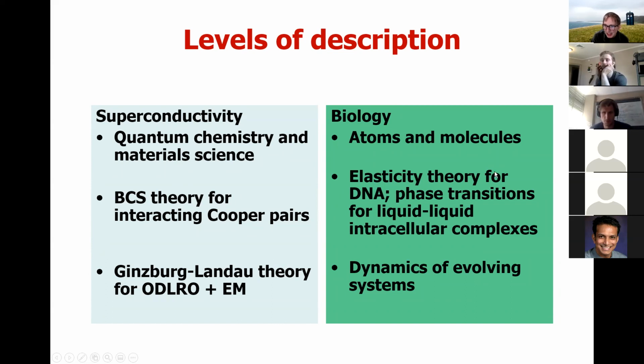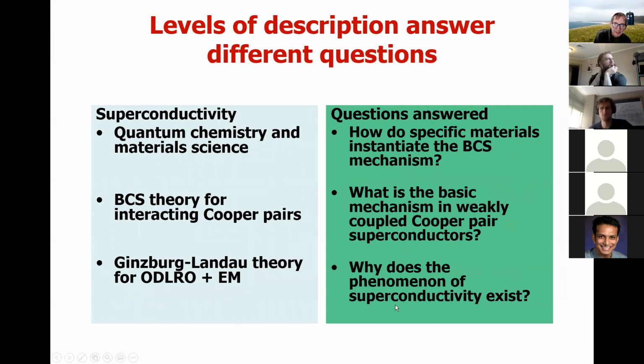We may be looking at the elasticity theory for DNA, or we may be looking at liquid intracellular complexes inside a cell. That's currently a very hot topic in cell biology. And then at the highest level, the most abstract level, we may be thinking about something like the dynamics of evolving self-programming systems, like we talked about before. So those are three different levels of description.